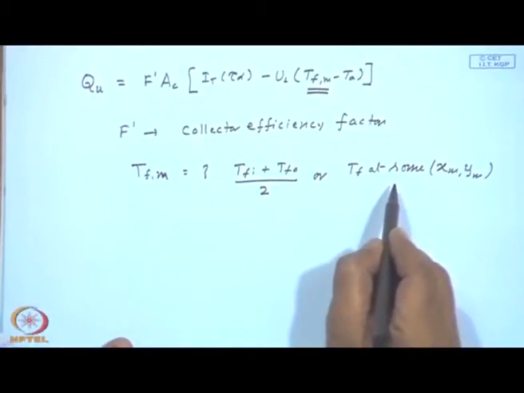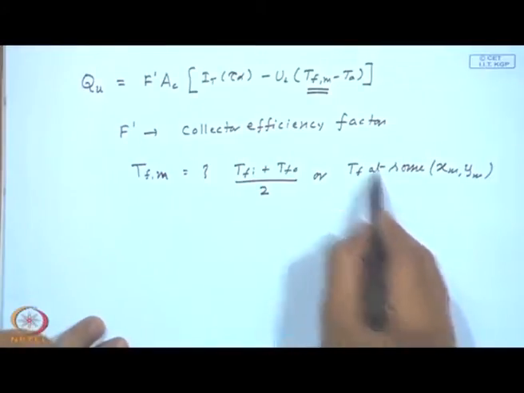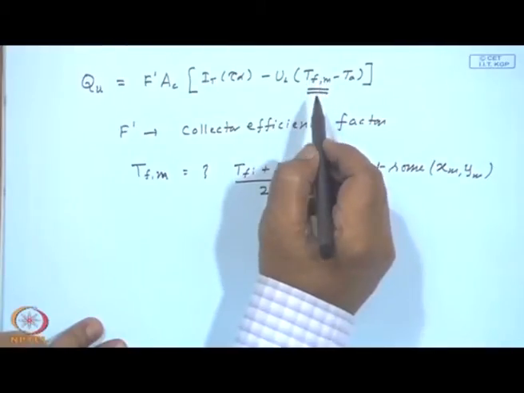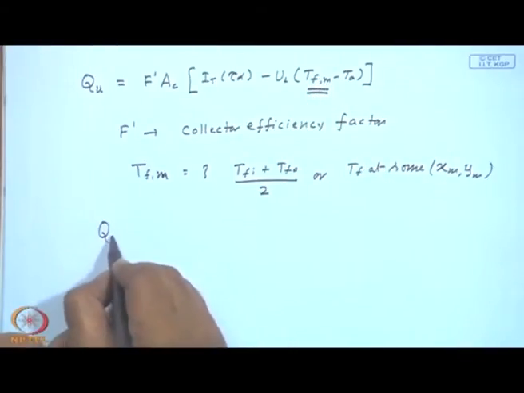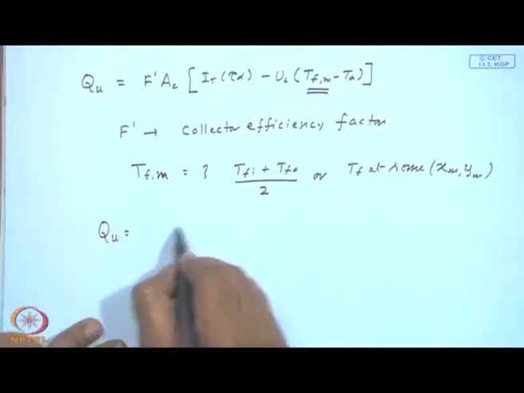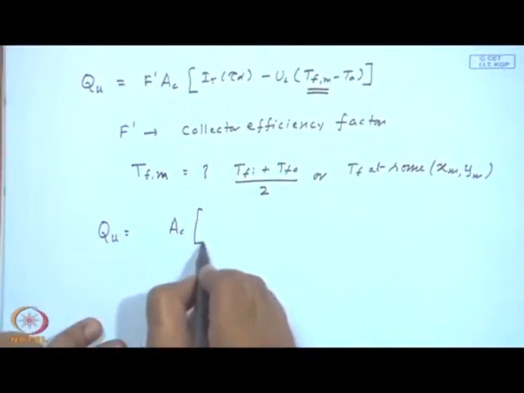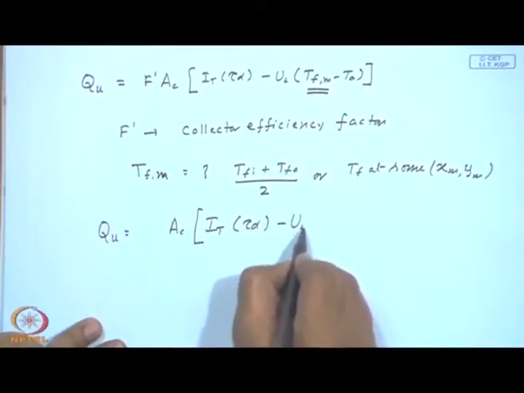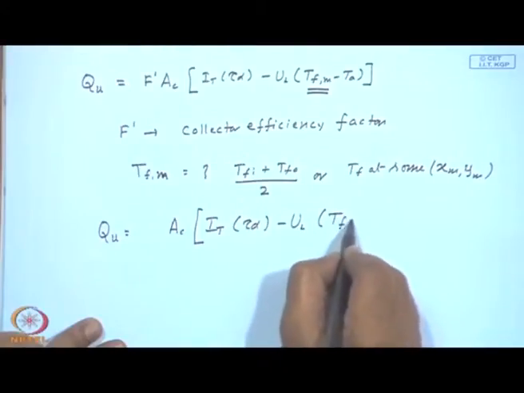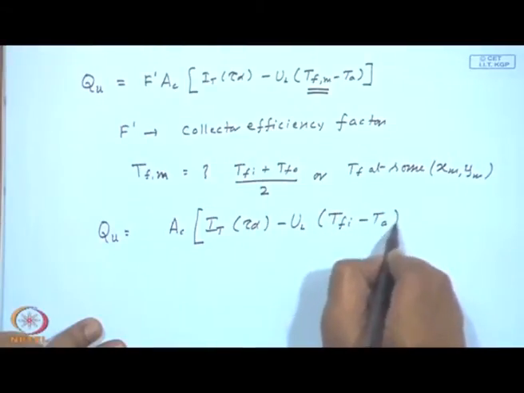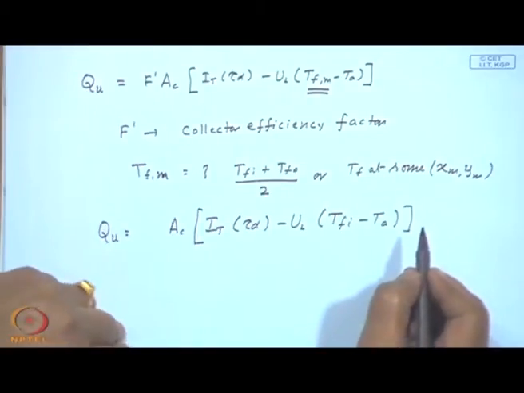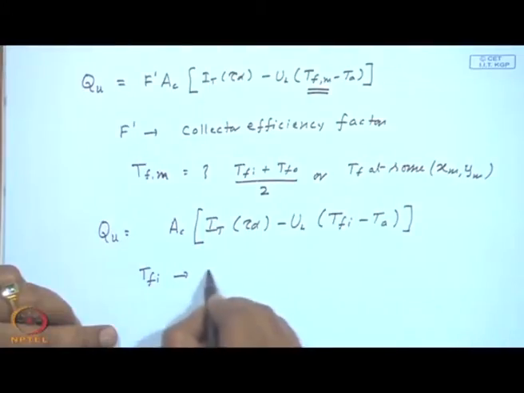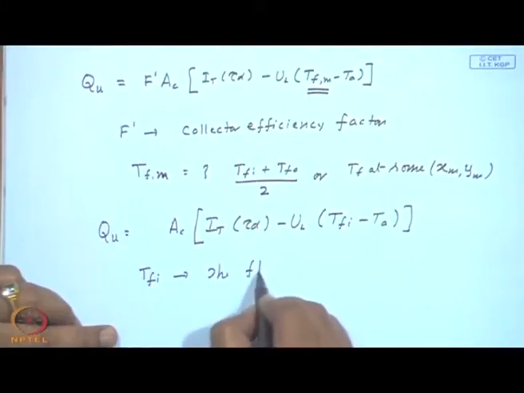So, they thought this is also not a very satisfactory answer, and it is further refined as Q u equals A c. So, there is no uncertainty if we express it in terms of the T f i, the fluid inlet temperature.